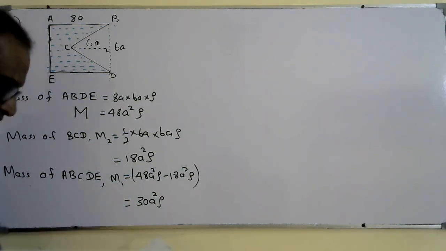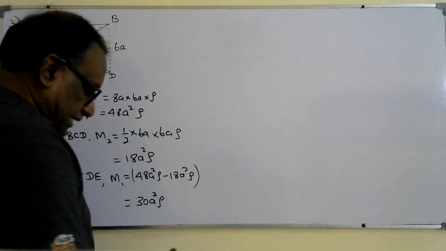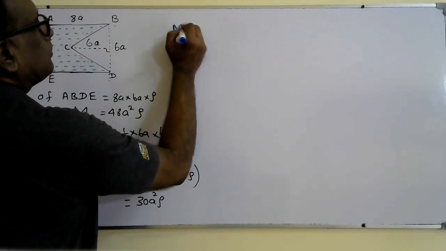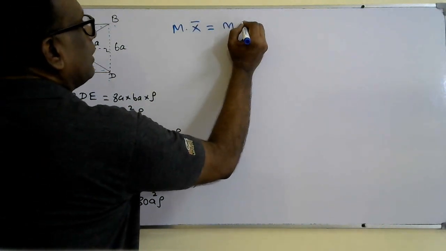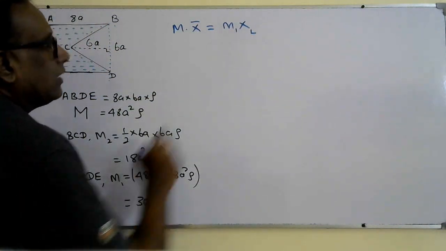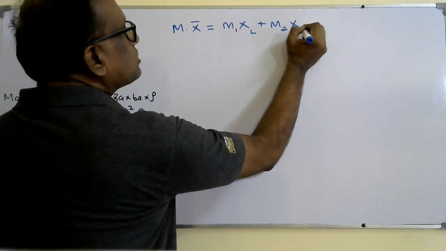That is the M1. Okay, so we use the basic principle related to center of mass, that is M into x bar is equal to M1 x lamina, we are not going to find for the lamina, plus M2 x2.